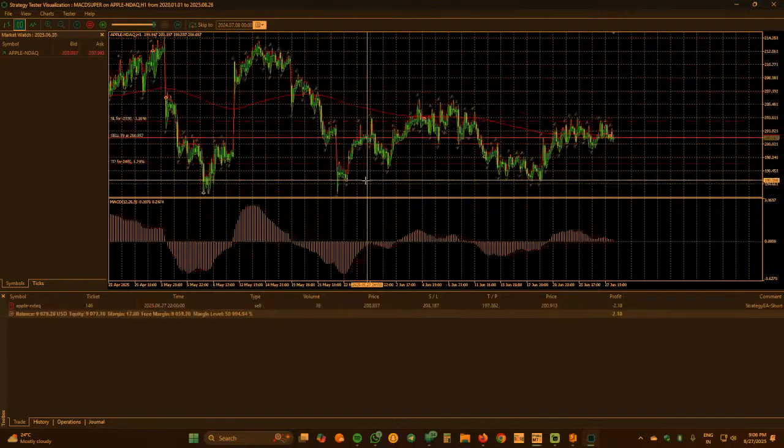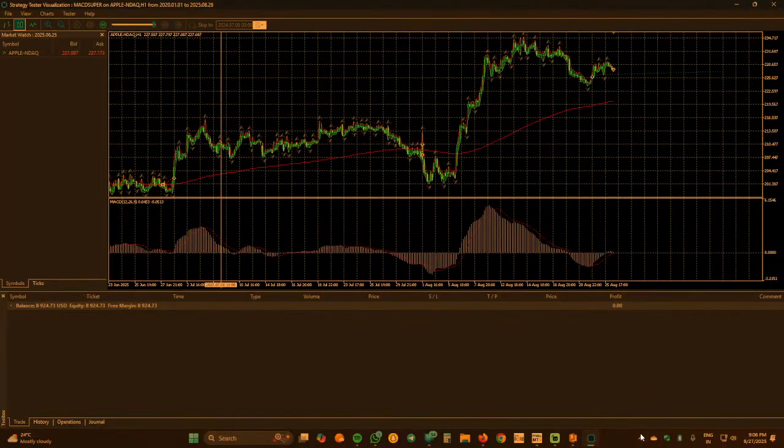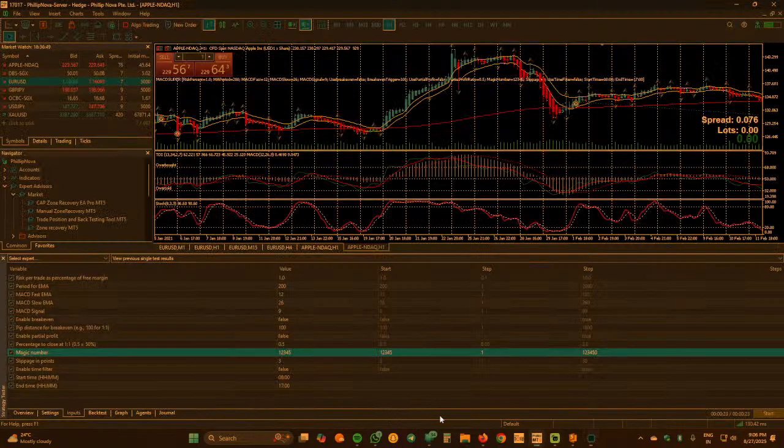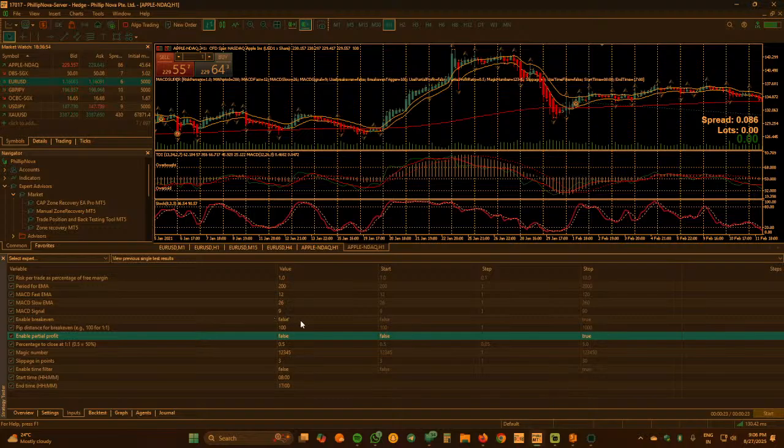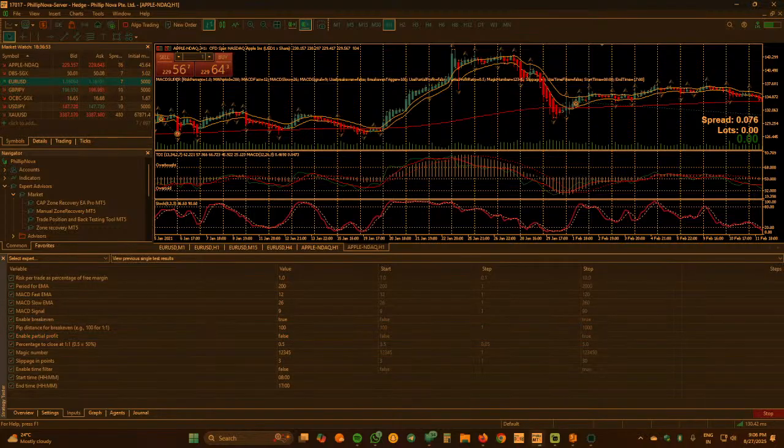Okay, so one thing I can say is this: if we do not enable those things, we make a loss. So I can change it to enable break even true and then run this one once again.